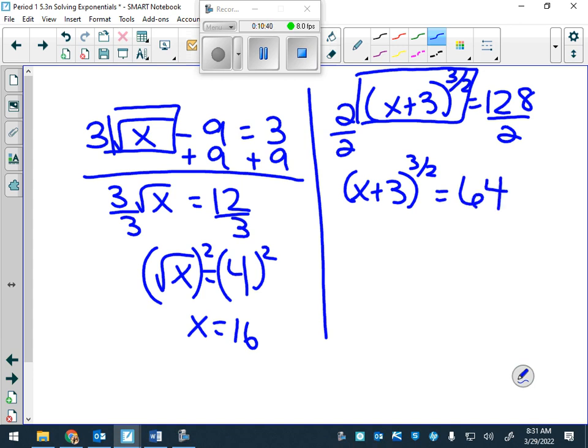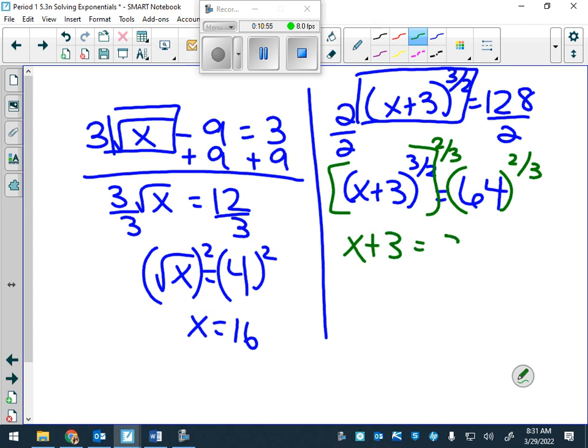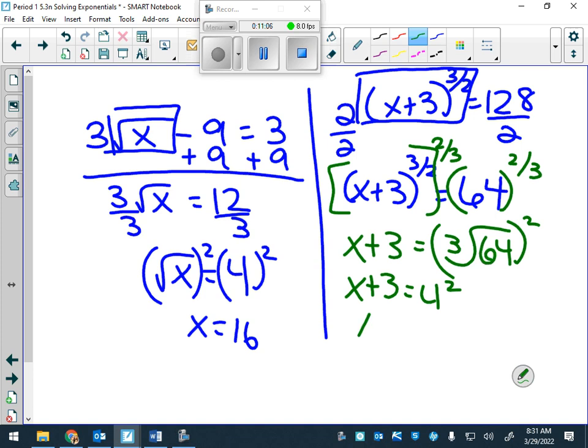When you have a rational exponent, you then raise it to the reciprocal. So from here, raise it to the 2/3. So you have x plus 3 equals the cube root of 64 squared. So you have x plus 3 equals 4 squared, 16, x equals 13.